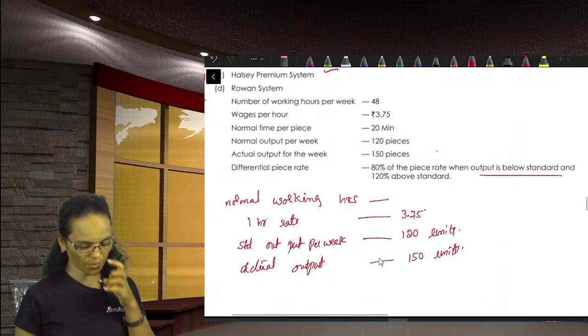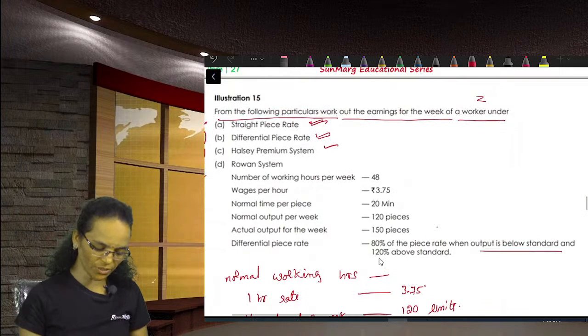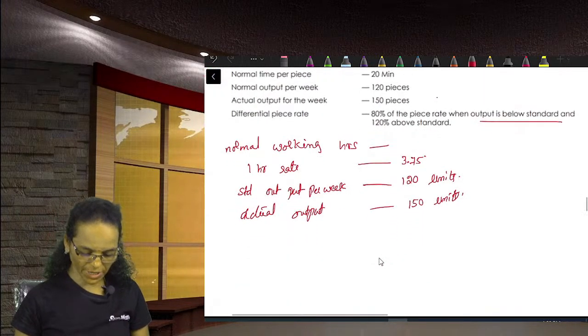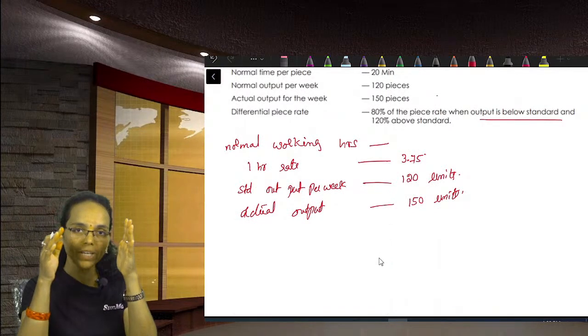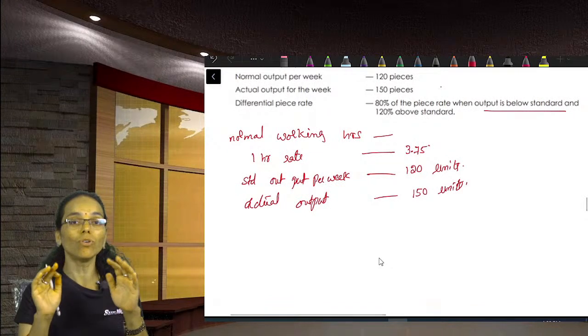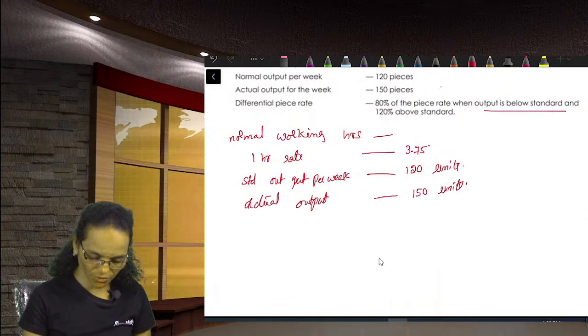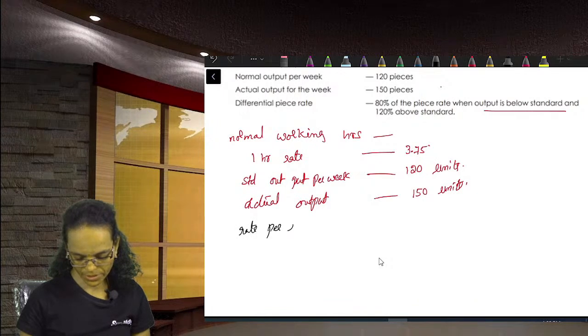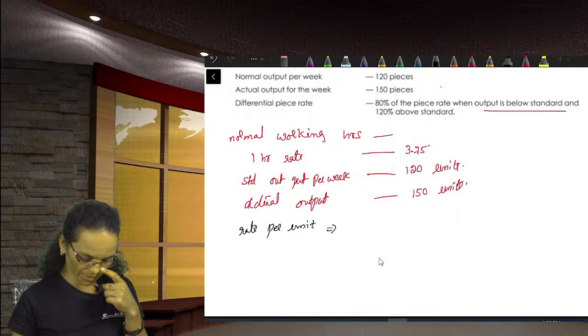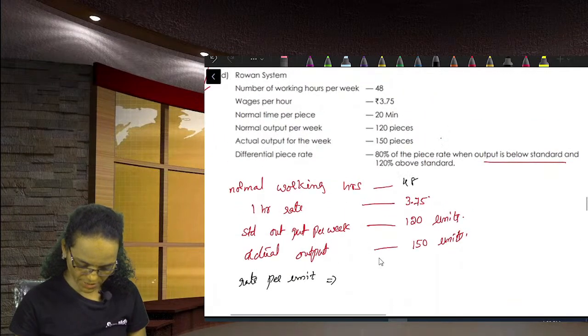Okay. Differential piece rate is given. First, we need to find out payment in terms of the straight piece rate. Straight piece rate in the sense, how many units you produce and what is the rate per unit. So we need to know what is the rate per unit. For this, normal working hours, 48 hours is given.